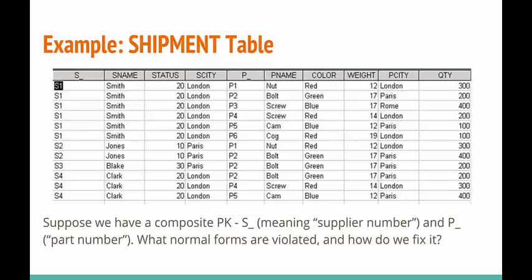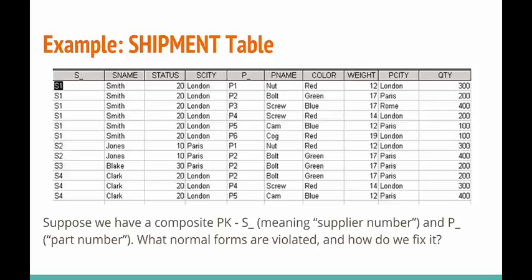So let's circle back to that shipment table idea. If we look at this table, it has a lot of information. Suppose we have a composite primary key for this table, S underscore, meaning supplier number, and P underscore, meaning part number. So what normal forms are violated, and how do we fix it? Well, let's take a moment to talk about what's in this table.